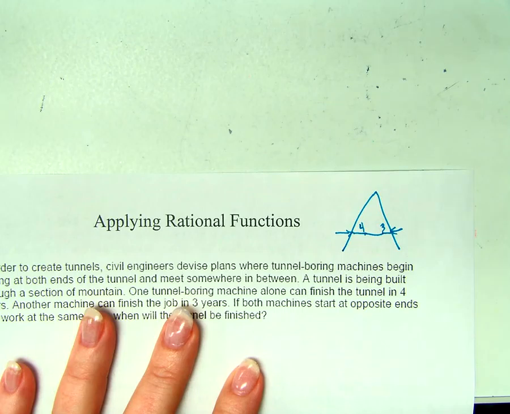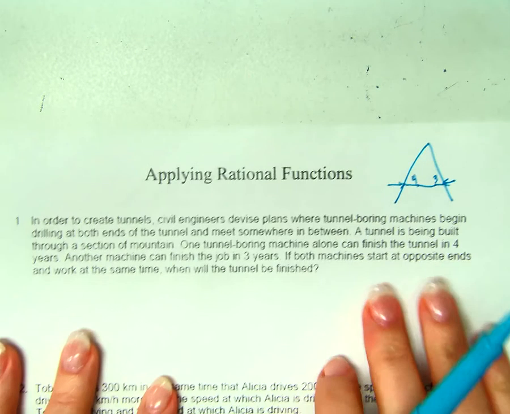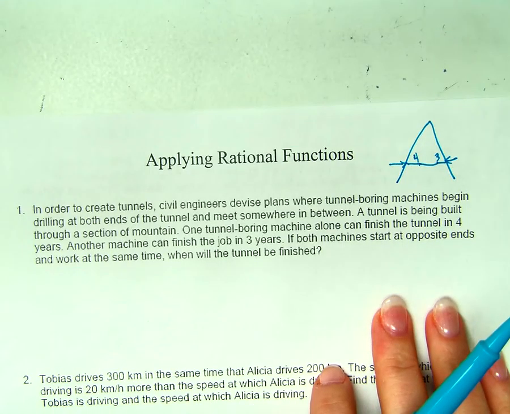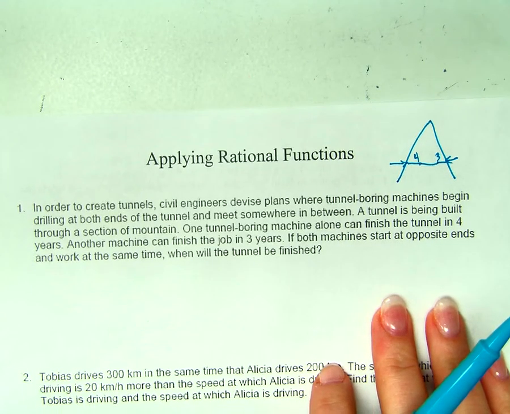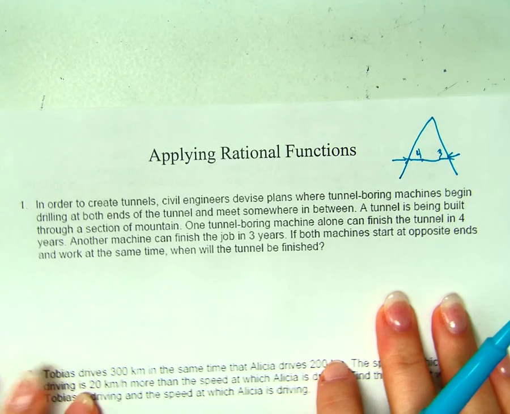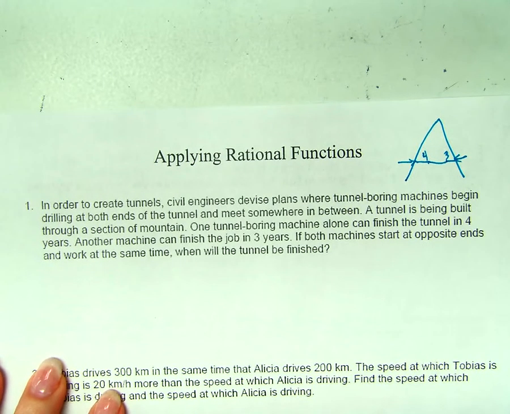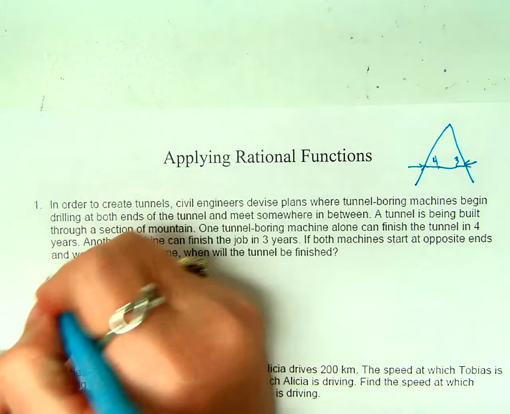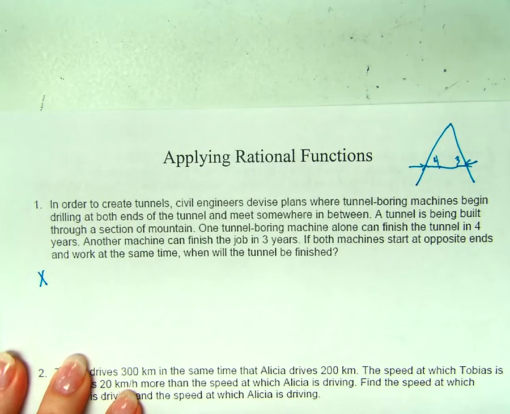So we're talking about rational functions, right? So is it logical that this is going to start out looking like a fraction? Yes, okay? So first of all, we need to define our variable. Now, when I say define a variable, I don't mean like this, X, that's a variable.